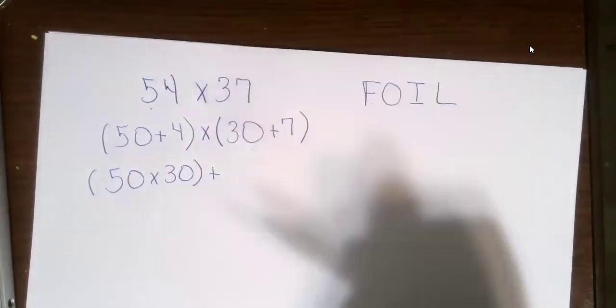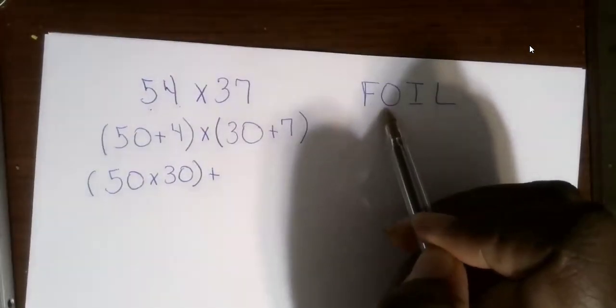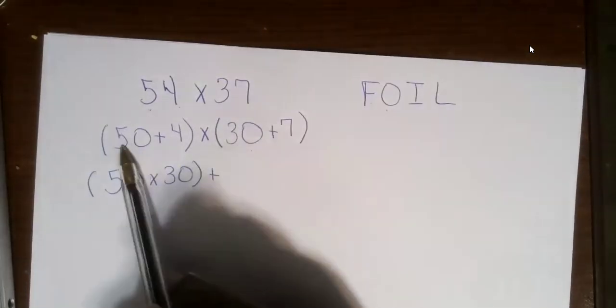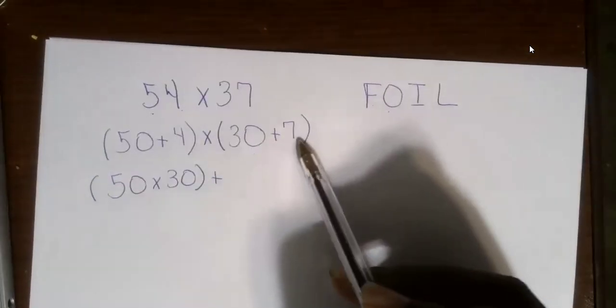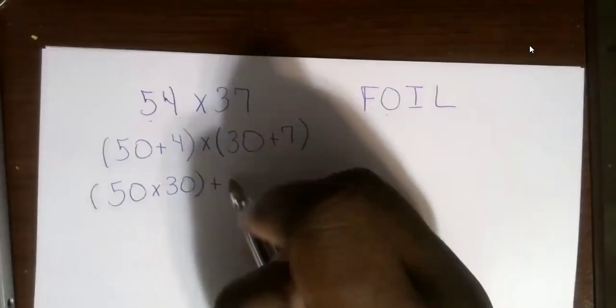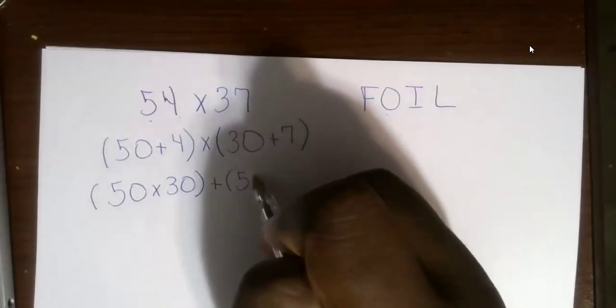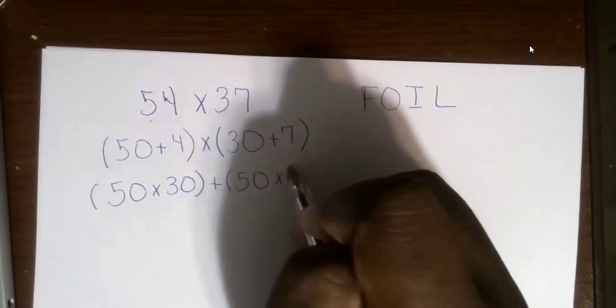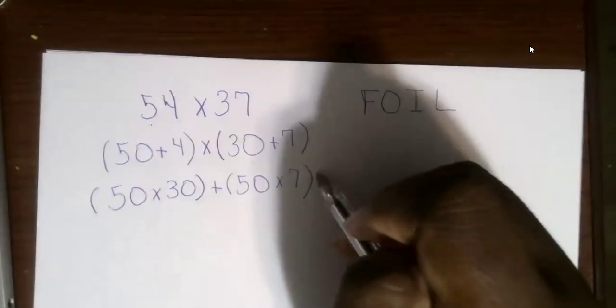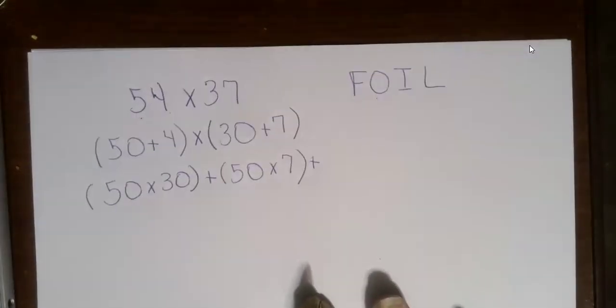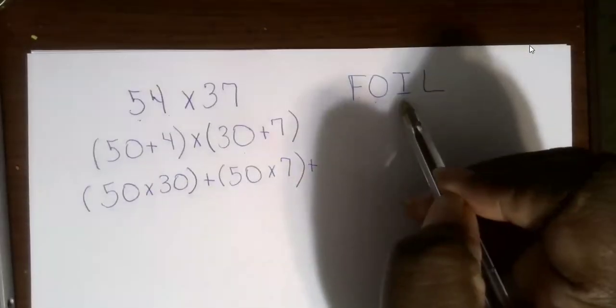Plus, now my O is going to stand for the outside. So the numbers that are on the outside, that'll be my 50 and that'll be my 7. So my second parentheses is going to have 50 times 7. Plus, now my I is going to stand for inside.